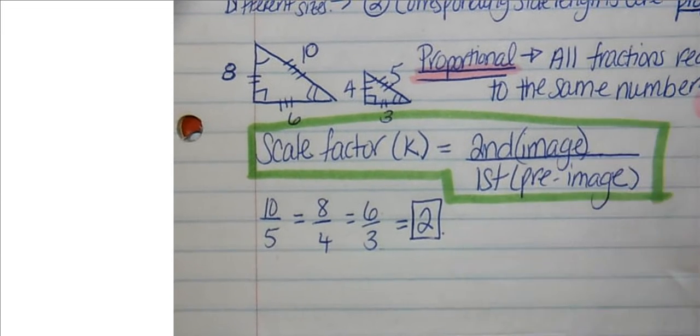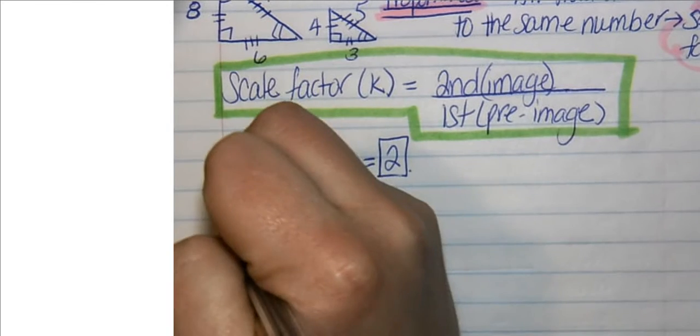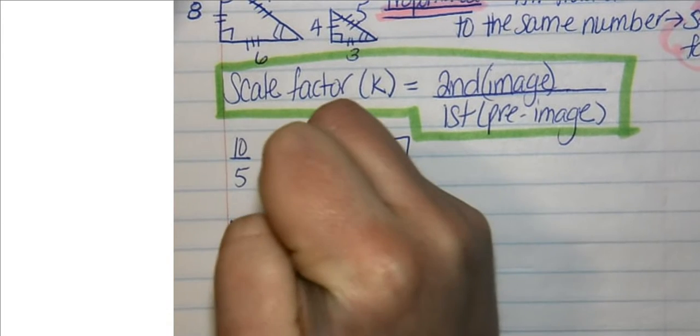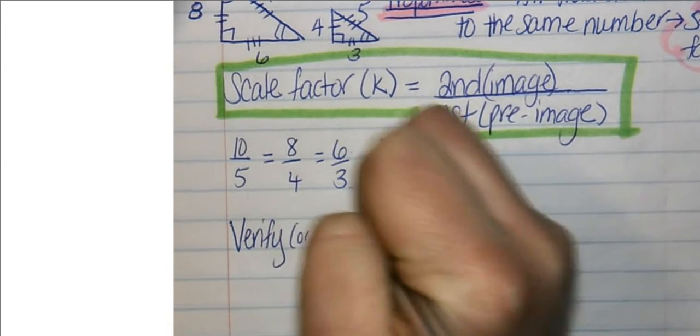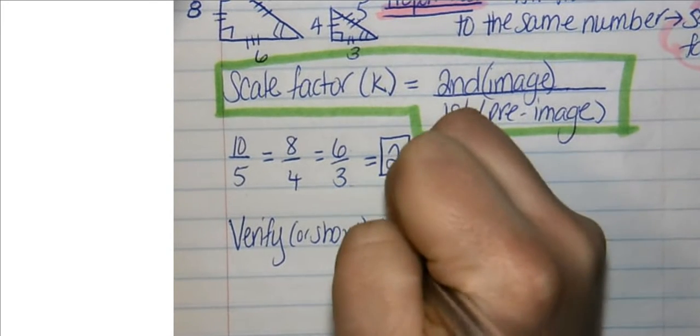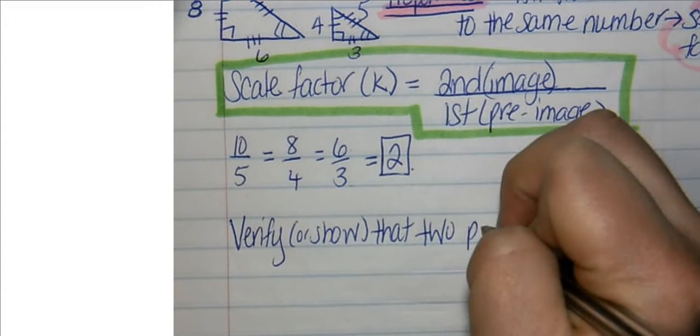So what you're going to see in homework is they're going to ask you to verify or show that 2 polygons are similar.